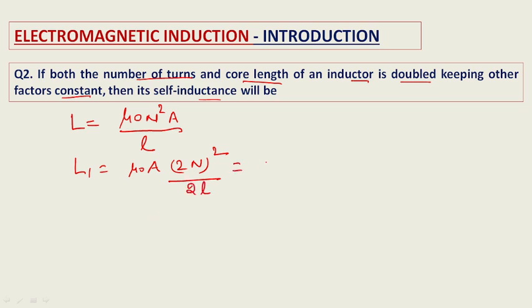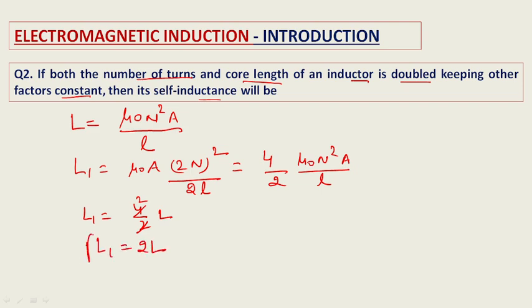So this will be given to us as 4 by 2 mu 0 n square A by l, which you can write as L1 is equal to 4 by 2 L. So L1 is equal to 2L, which means twice. So you can say that the self-inductance of the new coil, made by increasing the number of turns and doubling the length, also gets doubled.